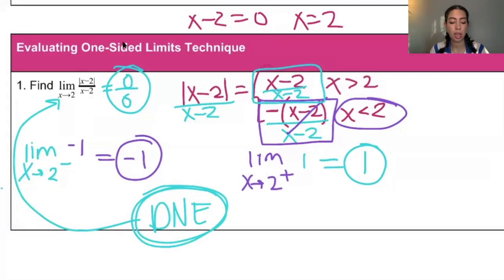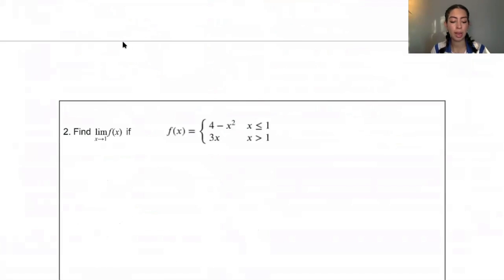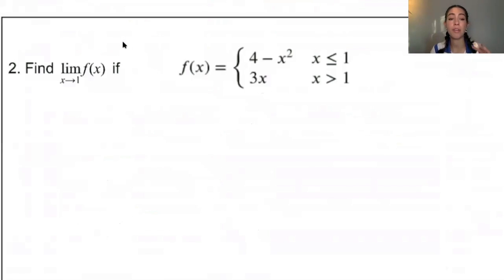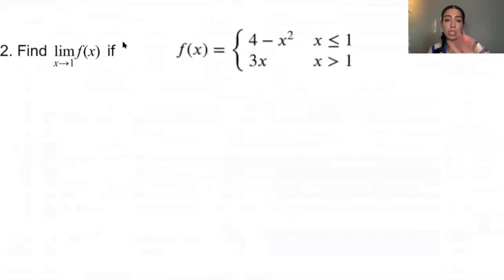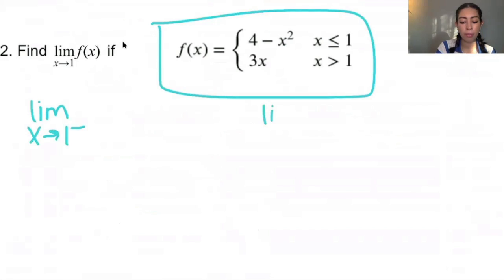Now let's take a look at this last one. We have the limit as x approaches 1 of f of x, and f of x is a piecewise function that we see over here. So when we have piecewise functions, we're going to break down the limit from the left side and the limit from the right side.